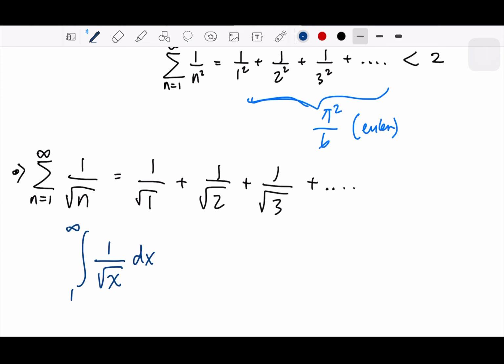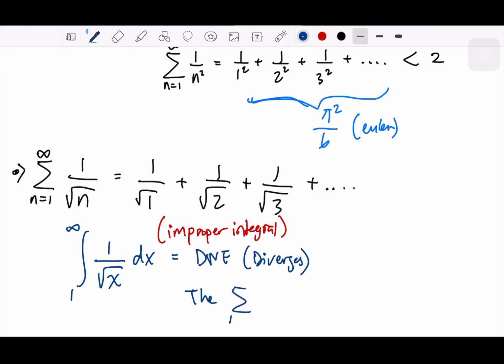This is from the improper integral. It doesn't exist, or it diverges. So the series diverges.